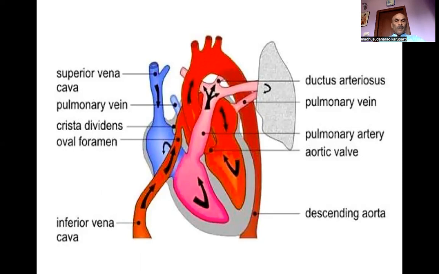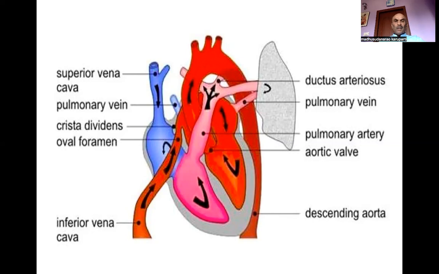This is what happens during fetal life. Right atrial blood is going through the foramen ovale into the left atrium, from the left atrium to the left ventricle, and from the right ventricle, blood is flowing through the ductus arteriosus into the descending aorta.